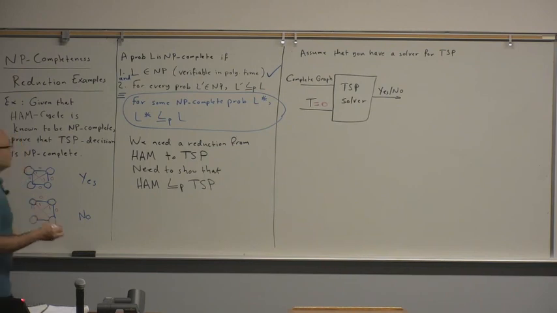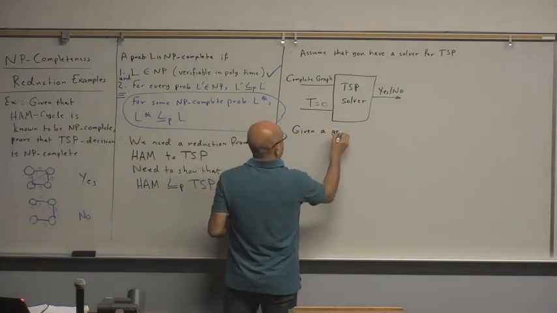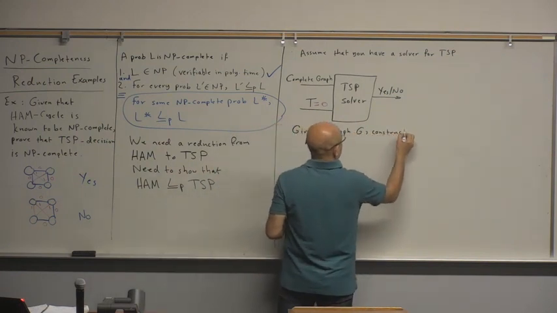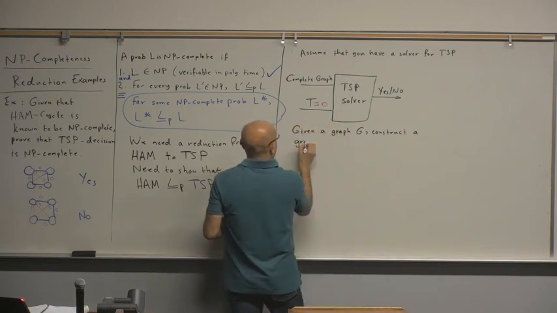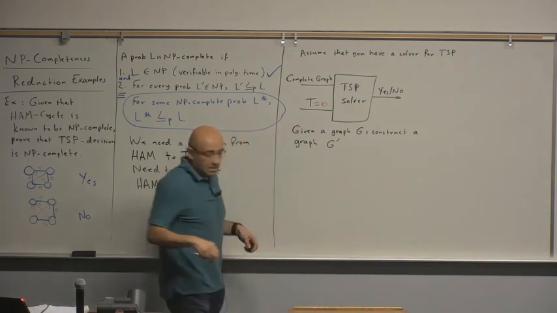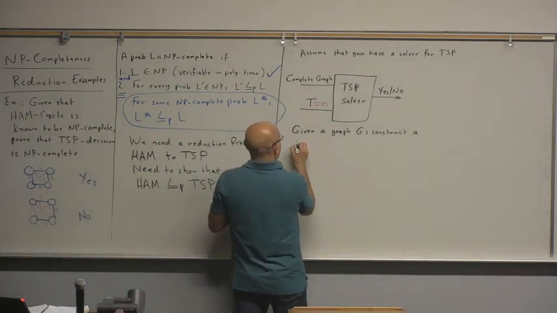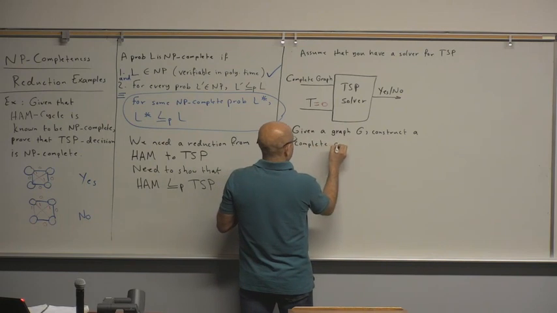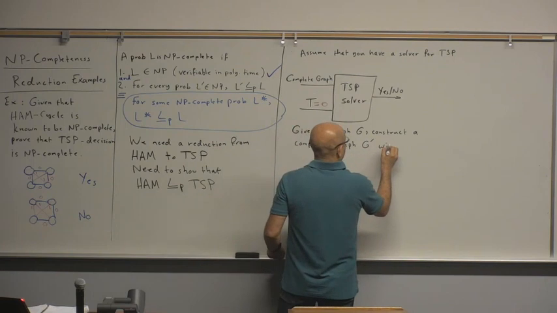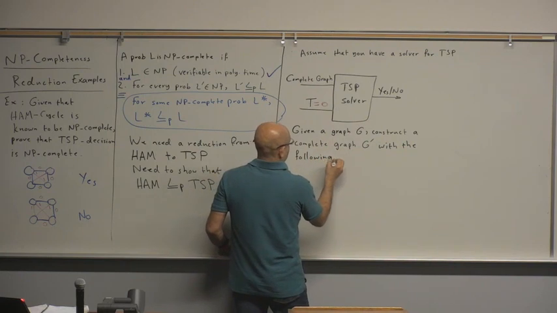In this case, given a graph G, construct a complete graph G prime with the following edge weights.